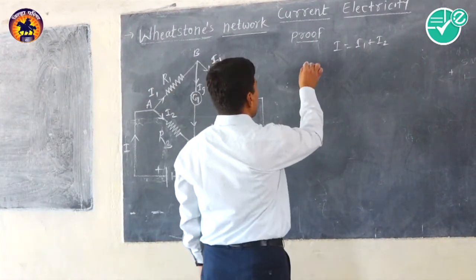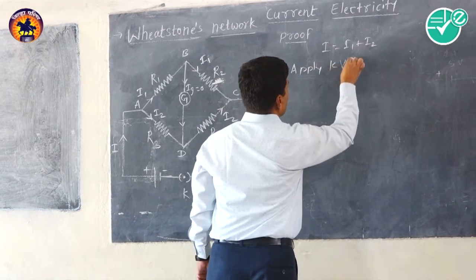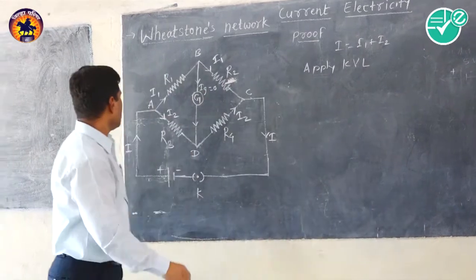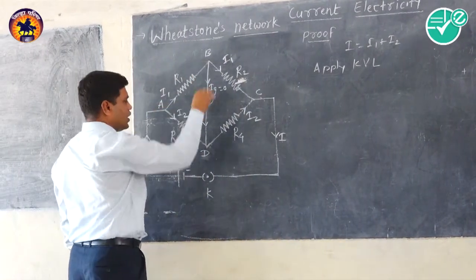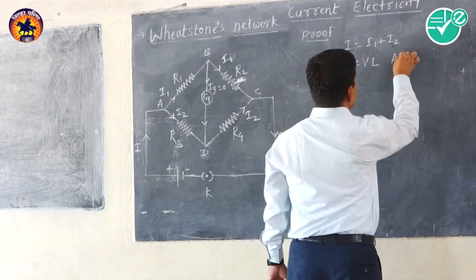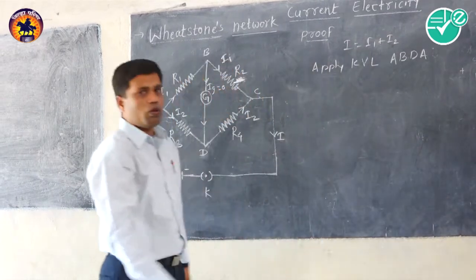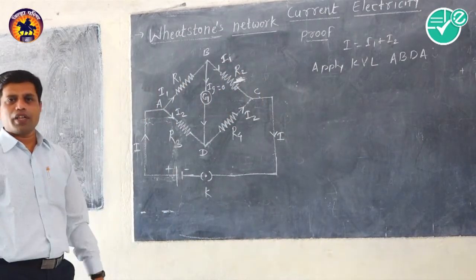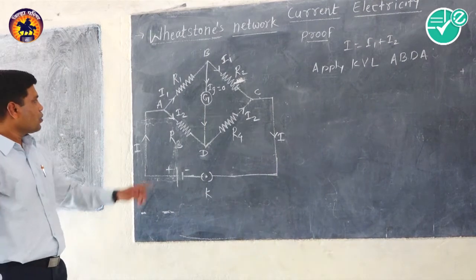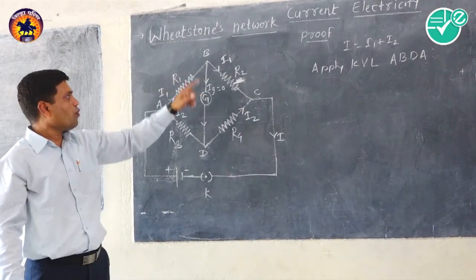Now in this case, apply Kirchhoff's voltage law to the loop A, B, D, A. Now you know Kirchhoff's voltage law. We have also taken the sign convention for KVL. As we move from A to B, the direction of current and direction of tracing of the loop is the same.